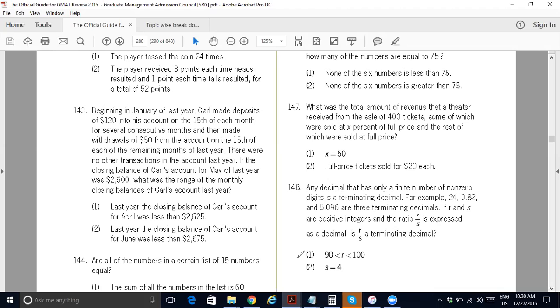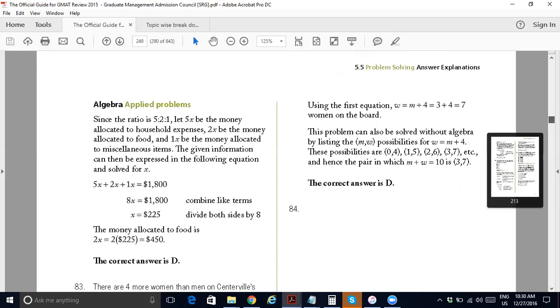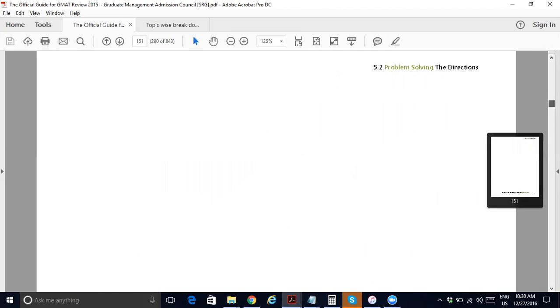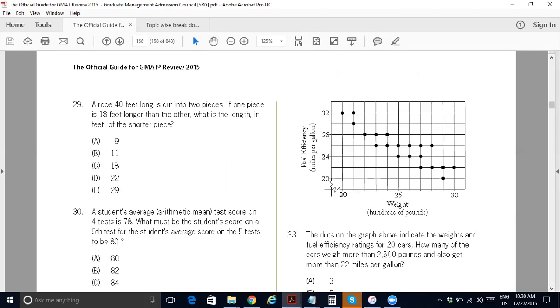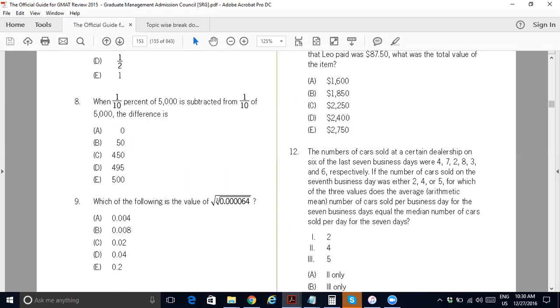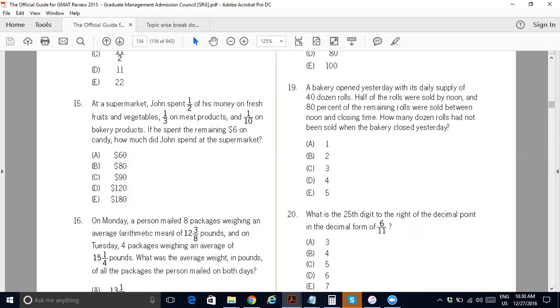And then one question I had was for estimation. PS question 15. Is that it? No. This is a supermarket question, no? That's so strange.